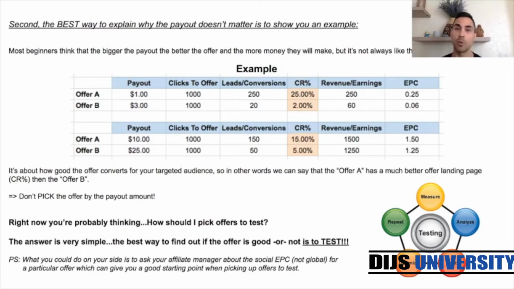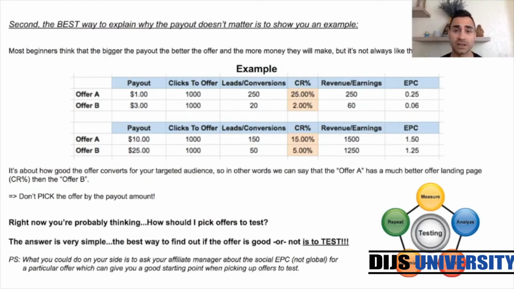So they put more effort to actually write and create the copy of the offer itself. Or it could be even that offer A has less information to fill in to actually make a conversion. It's a lot of elements going on here that actually gives you the conversion rate.